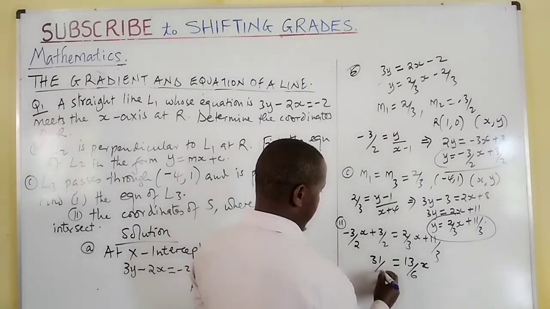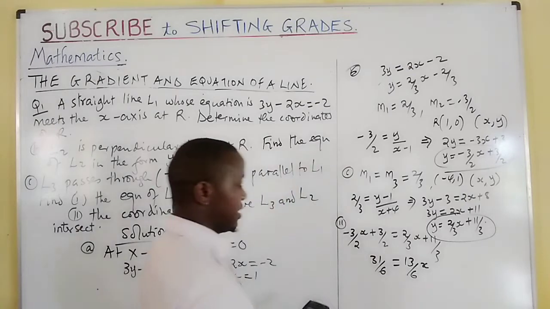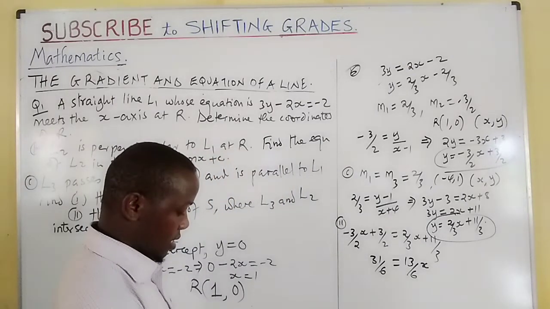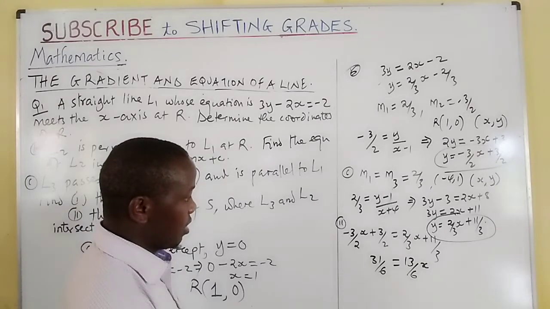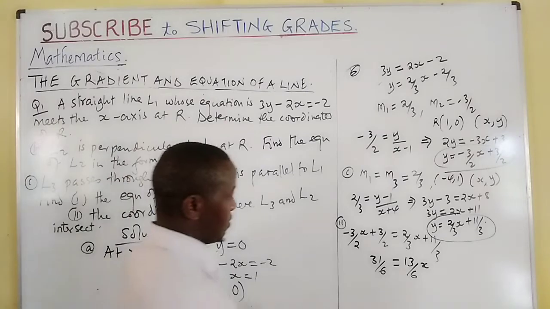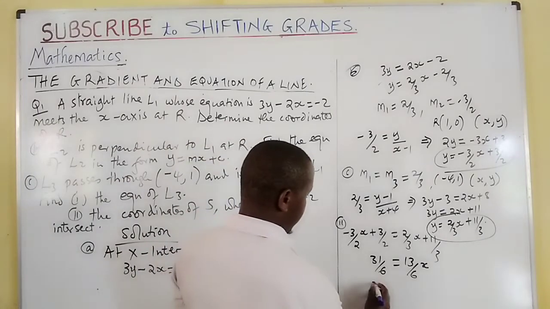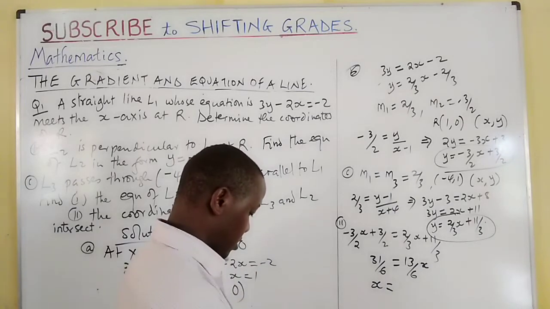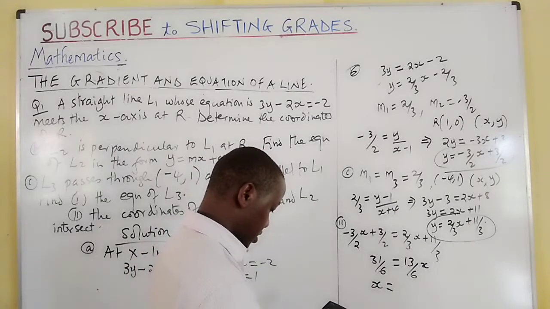Now, meaning that x will be 31 over 6 multiplied by 6 over 13.